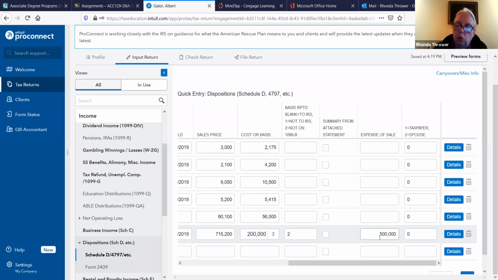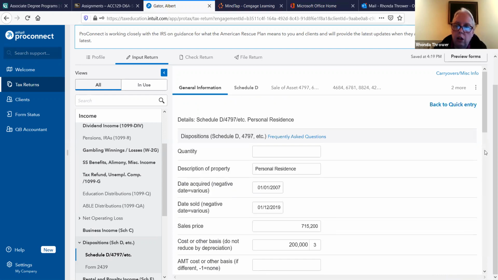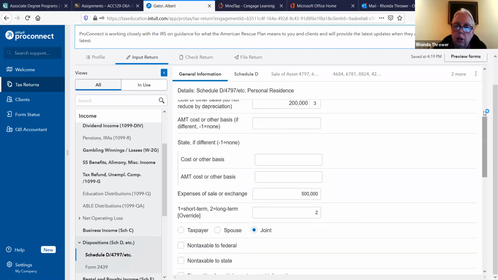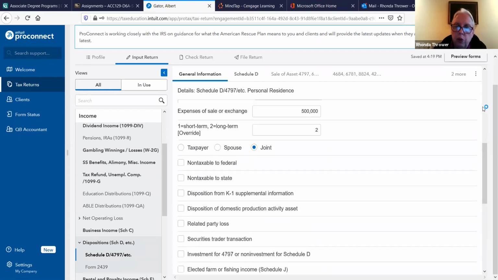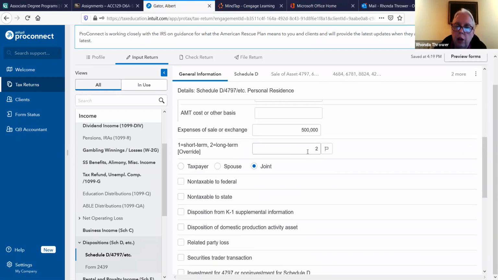But in this case, since they're married filing jointly, it was $500,000, and this is where I chose to put it. Also, you got to click on the details just like you did with the stock, because you want to put down that that was a long-term type of investment. Otherwise, it will mess up your Schedule D form.